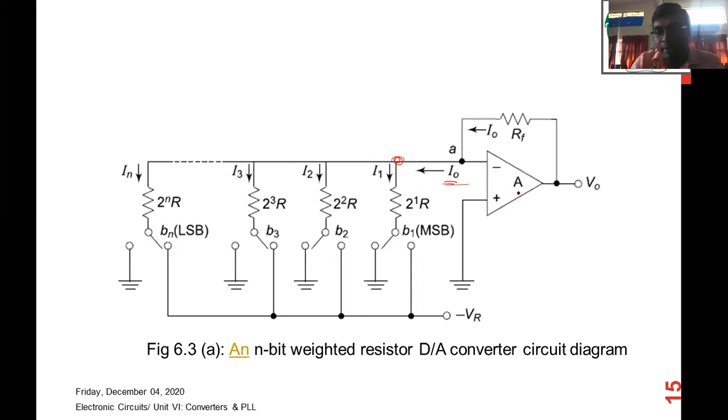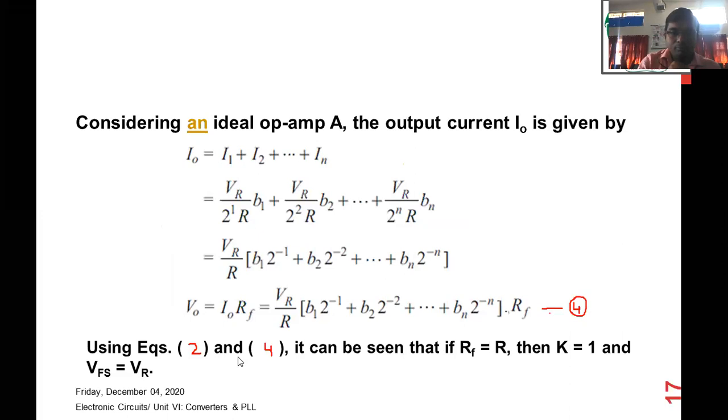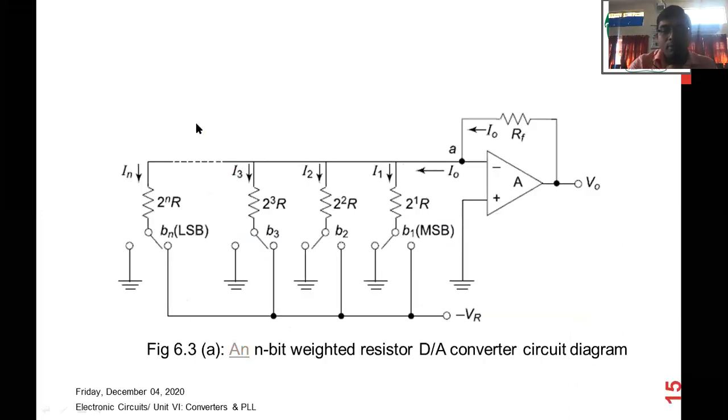We know that op amp has very high input impedance, so all the current would flow through this feedback network. So I0 would be subdivided here as I1, I2, I3 up to IN. So we would come to this derivation.